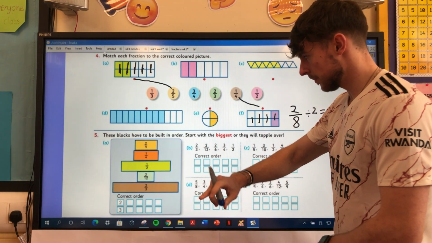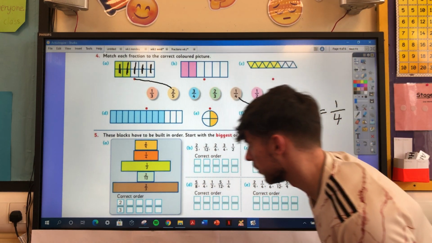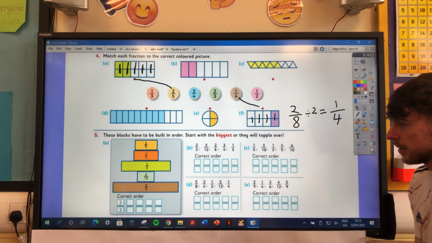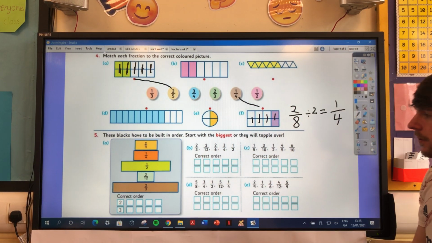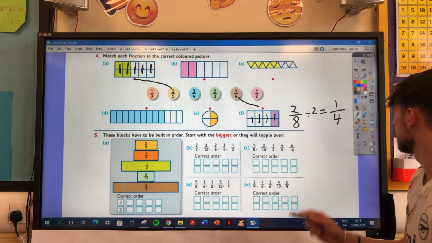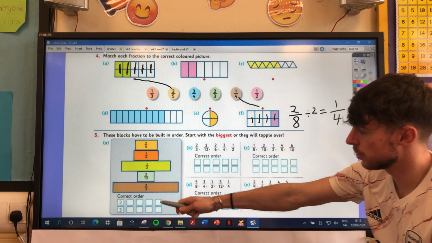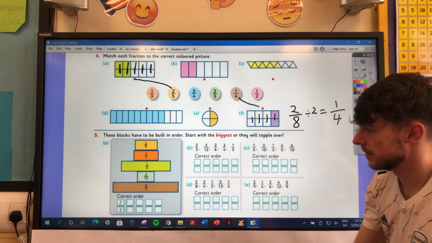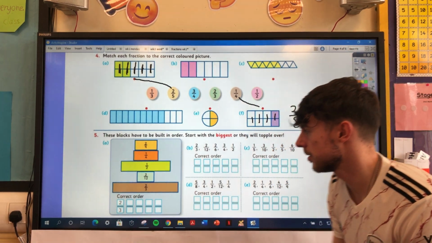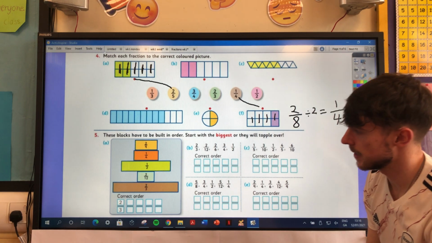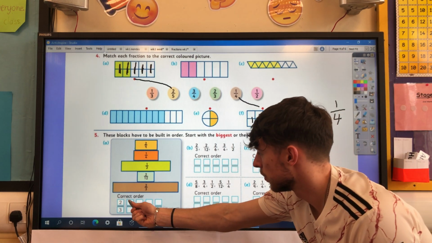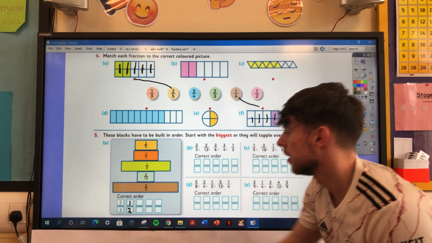And down here then, what we're going to be doing is building blocks in order, okay? As we can see down here, we have different size blocks that represent their value. Here we have 2 over 3, so that's obviously the biggest one, so that goes first. What's the next biggest? It is half, isn't it? So 1 over 2.